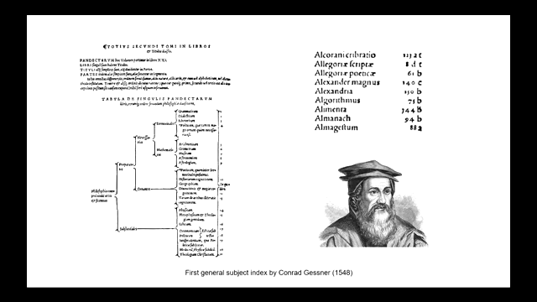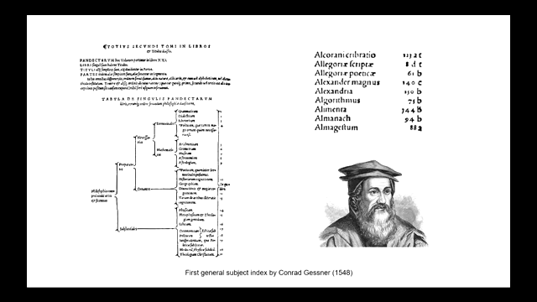So one of the first general or universal indices of content was proposed by Konrad Gessner. It took, I think, 10 to 20 years to collect 10,000 books, arrange them into categories and so on, and then come up with an index in order to address what was by then the first century of the printing press.